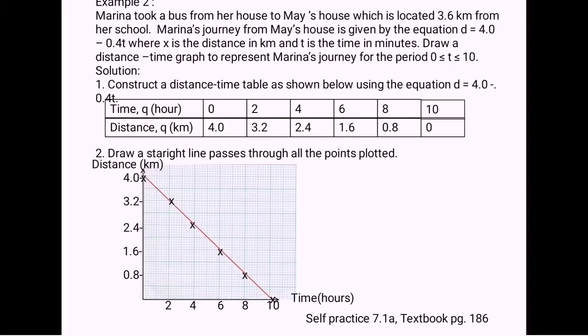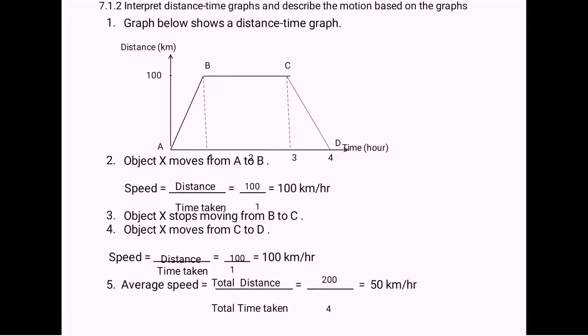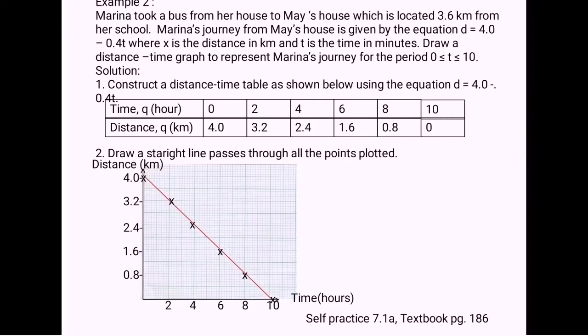So for the table, we prepare time 0, 2, 4, 6, 8, and 10. We substitute the numbers into the formula. Sorry, this is supposed to be T, not Q. Please change here.